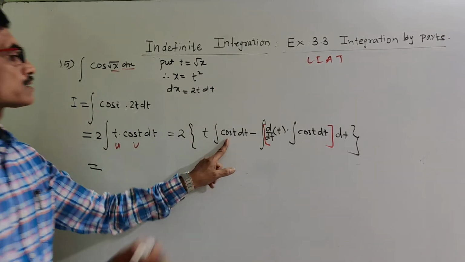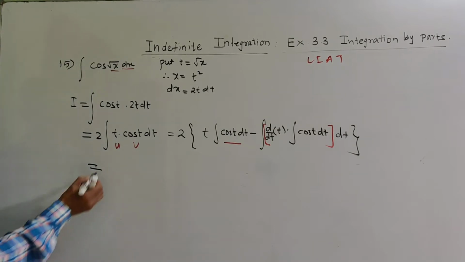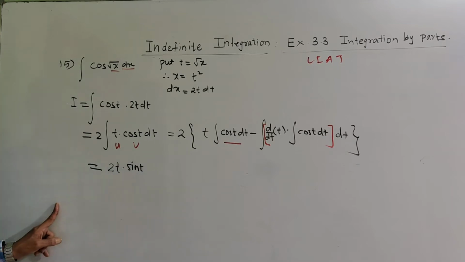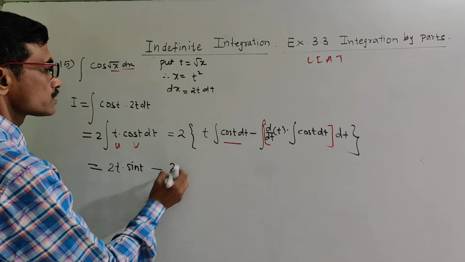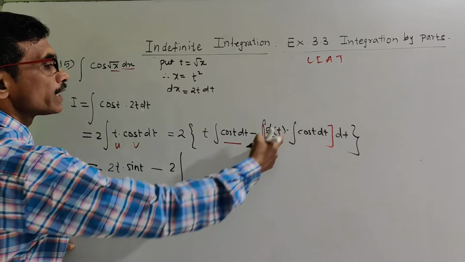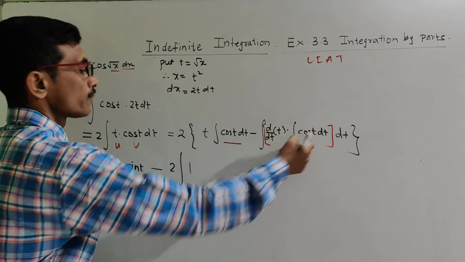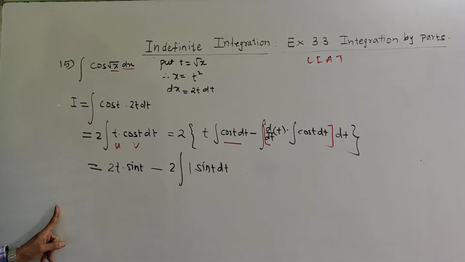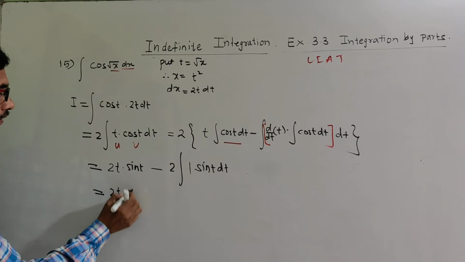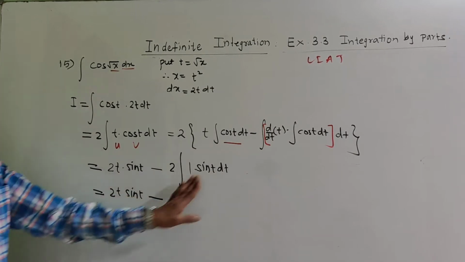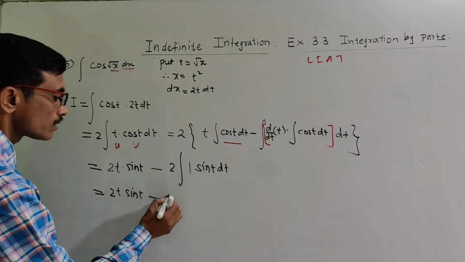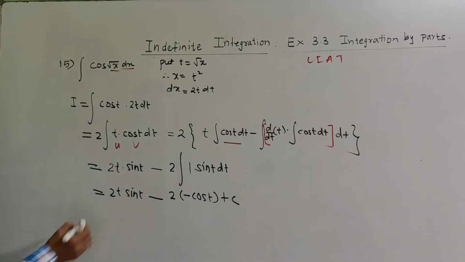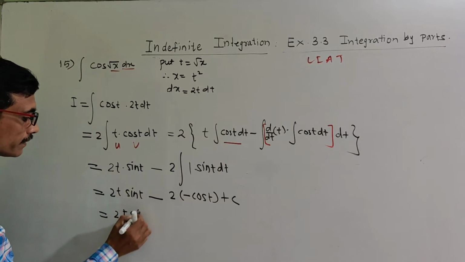Integral of cos t is sin t, so 2t sin t minus 2 times integral of derivative of t is 1 and integral of cos is sin t dt. Here 2t sin t minus integral of sin is minus cos, so minus cos t plus c, and the answer will be 2t sin t.